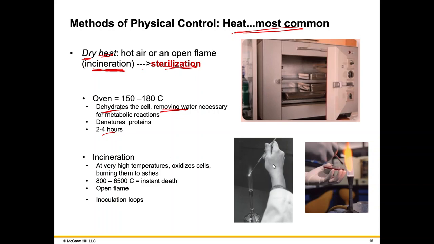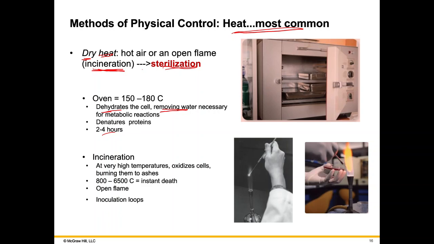Incineration involves an open flame, as seen here. We see someone that is sterilizing an inoculation loop, and another example here showing someone who is sterilizing the top of what looks like an agar dish. So what happens during incineration is we have very, very high temperatures that will oxidize the cells, and basically it burns them to ashes.